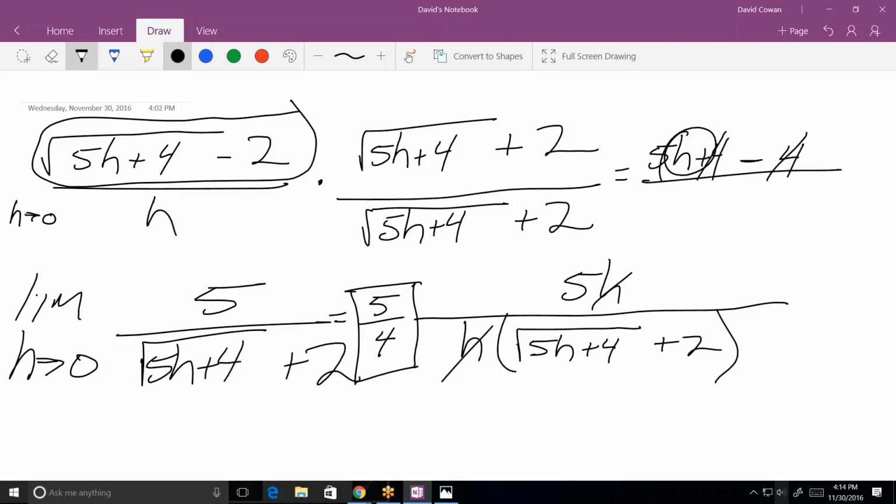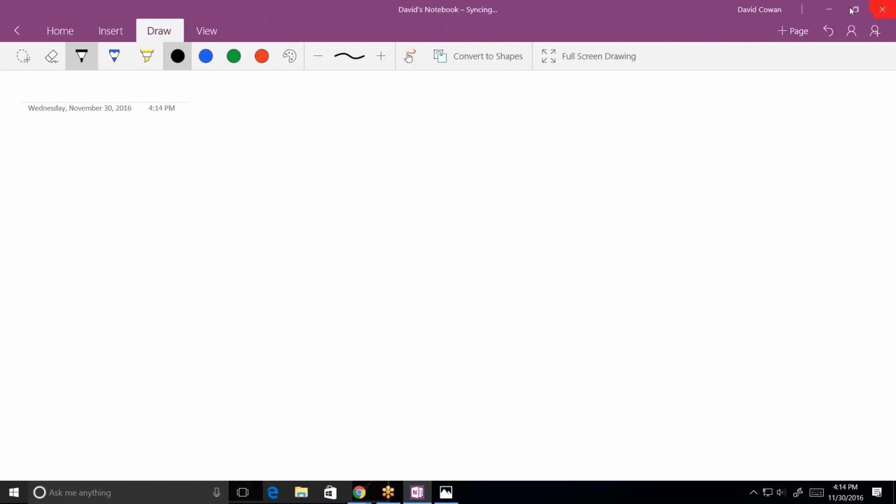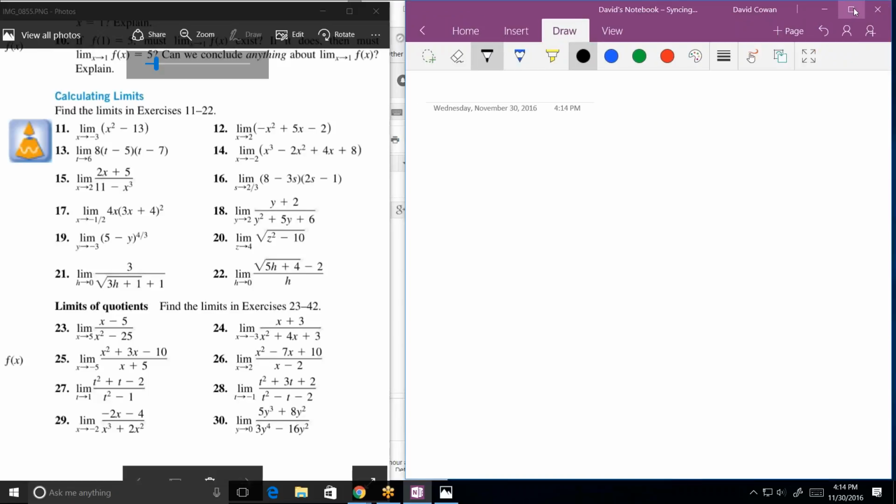Once you cancel that, then you're no longer looking at 0 over 0. Okay. That's the third technique.